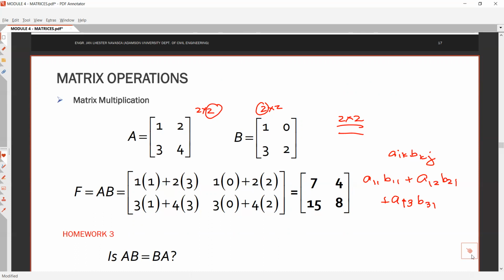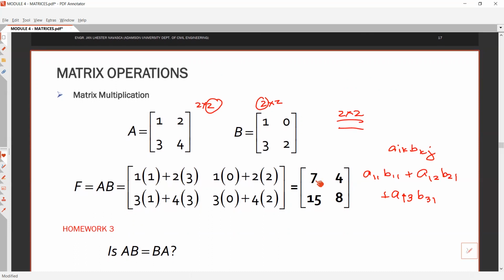So kung mapapansin nyo, yung A11 natin, this one, yung 7 natin, is A11 B11 plus A12 B21. A11 B11 plus A12 multiplied by B21, this one. So ito yung notations for Aik, Bkj.